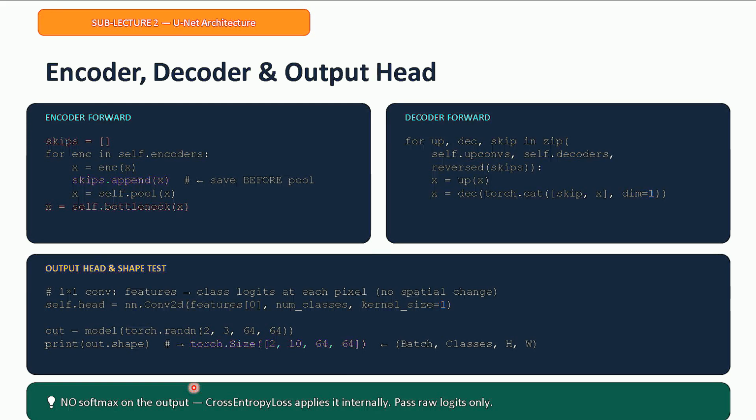Input is 2 by 3 by 64 by 64. Output should be 2 by 10 by 64 by 64, for batch, class, height, and width. If you see that shape, the model is correct.